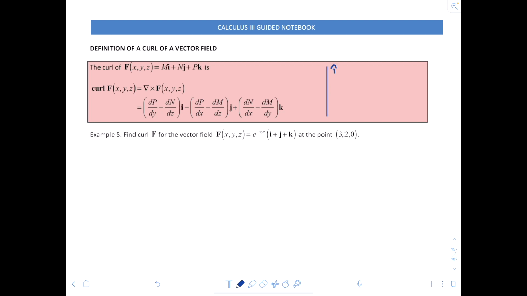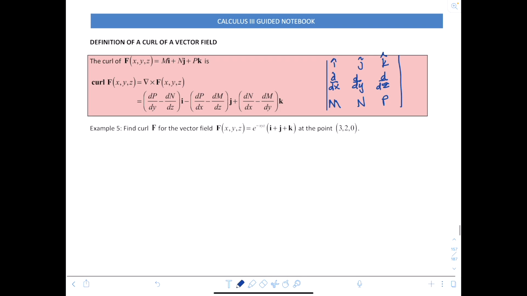You'd have i, j, and k, then d/dx, d/dy, and d/dz, and then your M, your N, and your P. And then you would find that determinant, which happens to be what you see here.